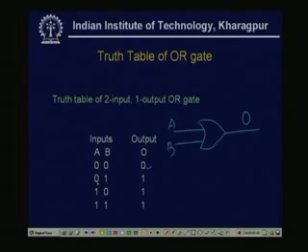If A is 0, B is 1 or A is 1, B is 0, if any one of the switches is connected, that means it is getting a path, so output becomes 1. If both are connected, then obviously it is getting the path in both directions, so this becomes 1. So, this is my truth table of the OR gate.